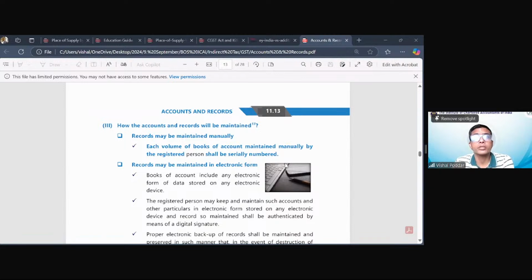So I always strongly recommend students that whatever importance you are giving to your studies in the form of attending lectures and solving papers, 10x should be your importance for your articleship, because whatever you learn from books will only add to 25% of your actual domain knowledge.